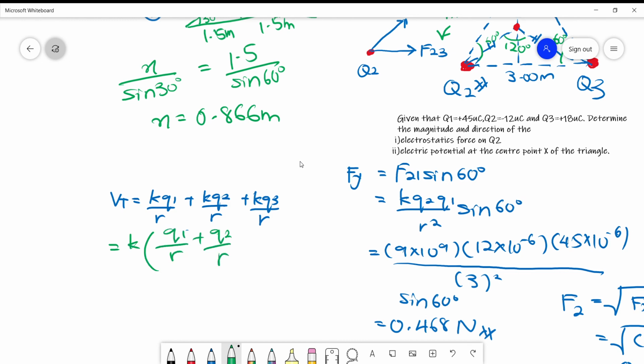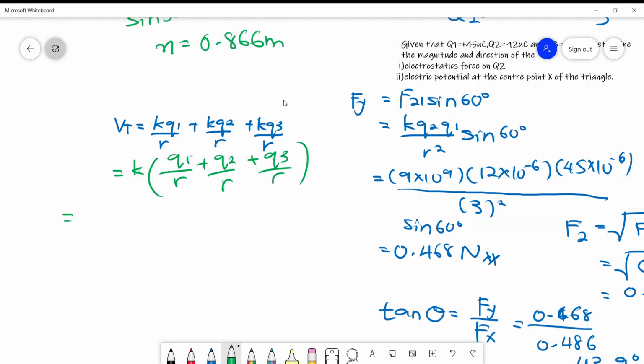Q2 plus Q3. So let me just drag it down. This is 9 times 10 to the power of 9.